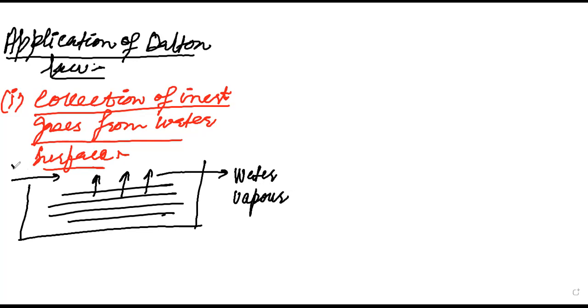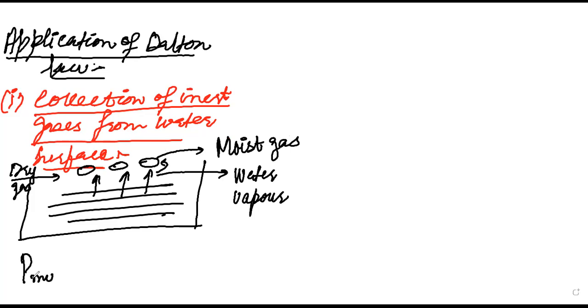When dry inert gas enters that container, the molecules of dry gas will combine with water vapors to form moist gas molecules. The moist gas will collect over the water, so the partial pressure of the moist gas is equal to the partial pressure of the dry gas plus the partial pressure of water vapors.